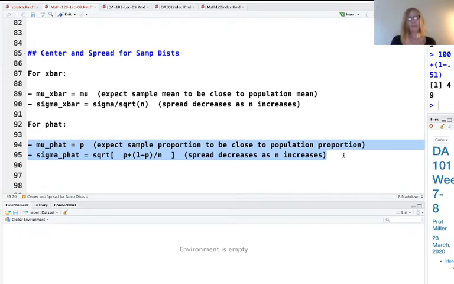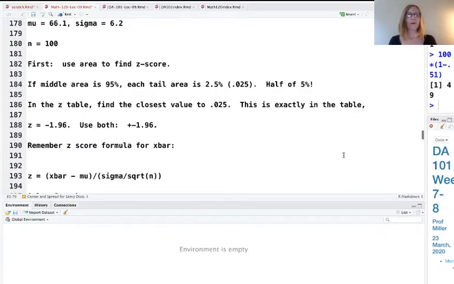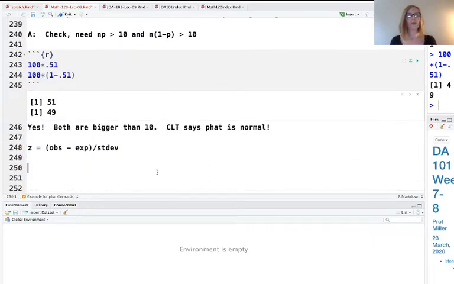So let's use them. Our expectation is p, the population proportion, and our standard deviation, it's kind of long and nasty, but oh well, that's not too bad. It's the square root of p times 1 minus p all over n. So let's use it. Let's get our z-score.